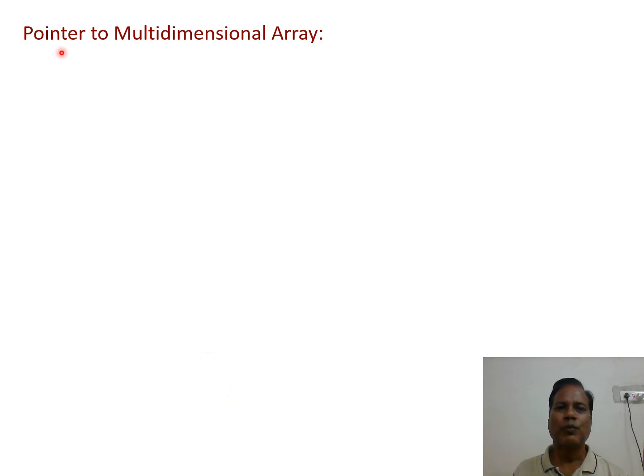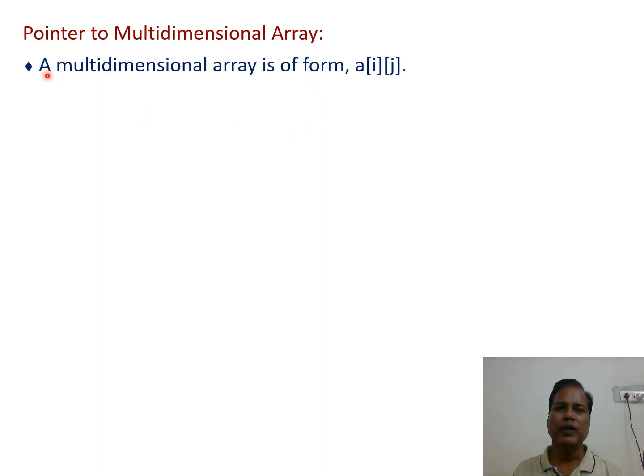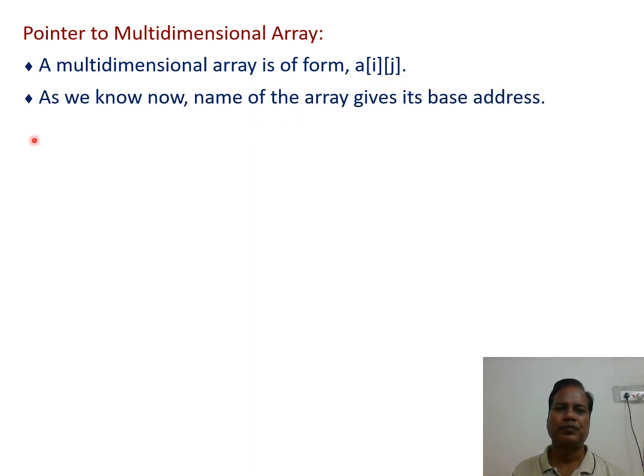Now, pointer to multi-dimensional array. A multi-dimensional array is of the form A[i][j], written in square brackets. As we know now, the name of the array gives its base address.